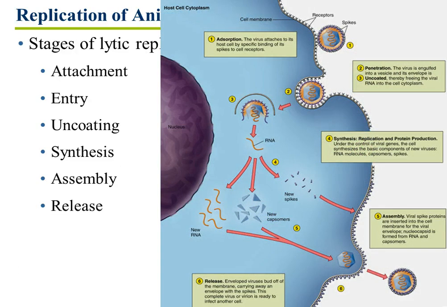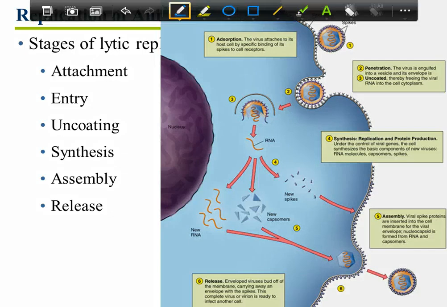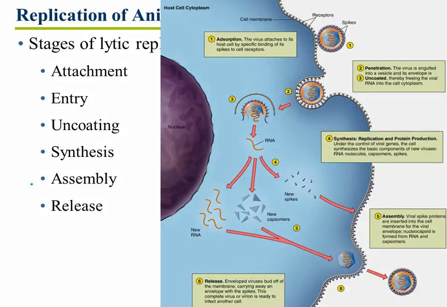Here is another viral life cycle. Here is our virus right there. And here is the attachment. You can see the receptors on the outside of the membrane right there. The virus is taken in. Notice that the host cell is actually bringing the virus in by endocytosis, forming a vesicle around it.